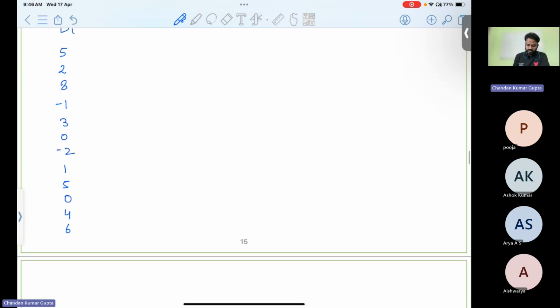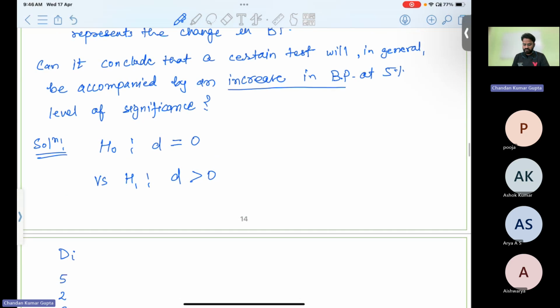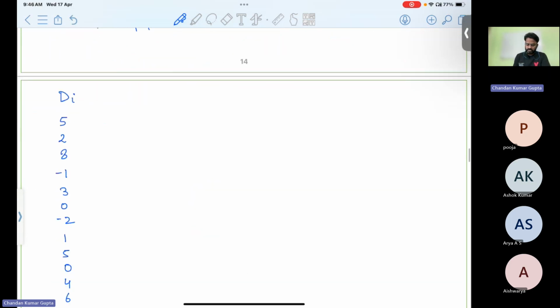These are the data. Counting 1, 2, 3, 4, 5, 6, 7, 8, 9, 10, 11, 12, so we are given 12 patients, so we have 12 data.